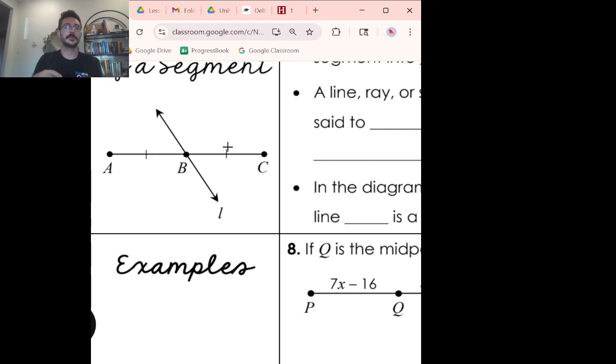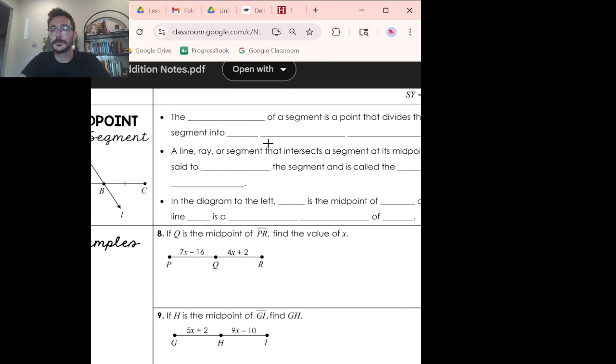Those identify two things as congruent, meaning that they're the same length. So let's pretend AC is 10 units long. If I know B's in the middle, then AB must be 5, BC must be 5. So it cuts it in half.